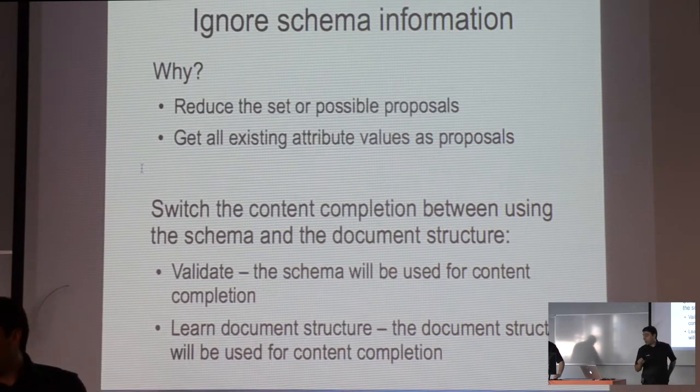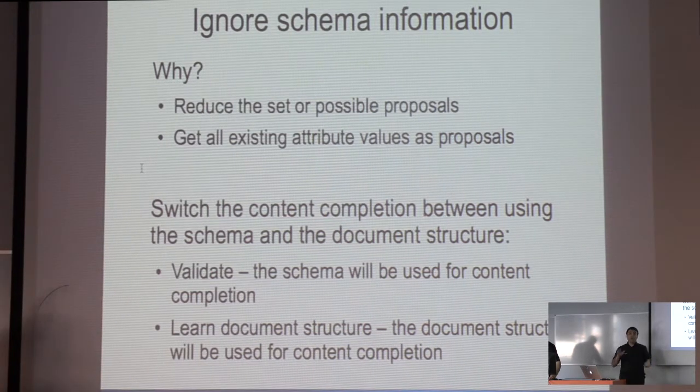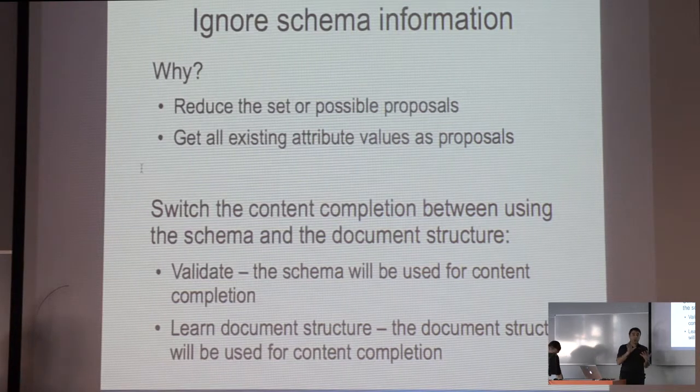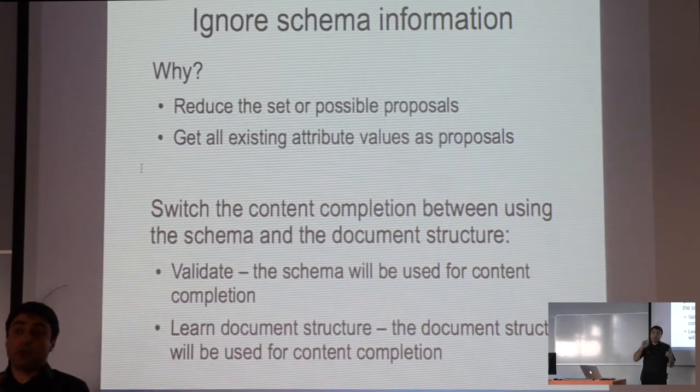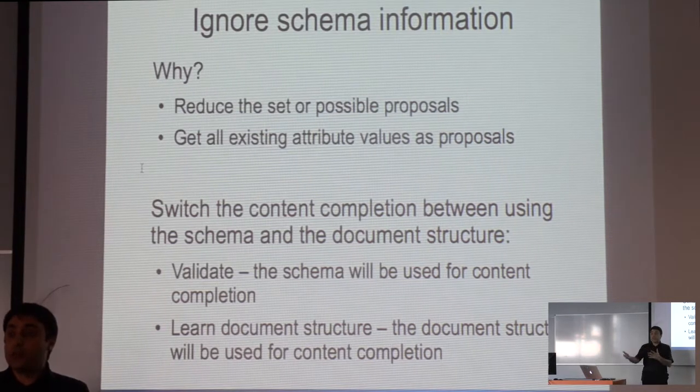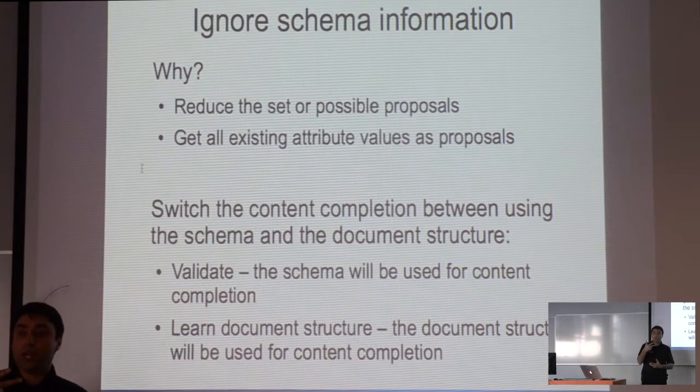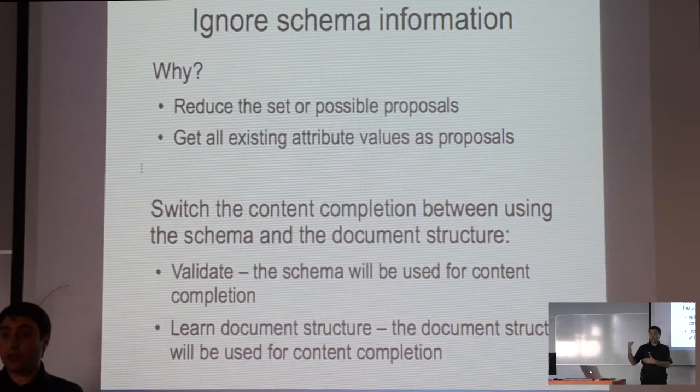So in this way, you reduce the set of possible choices. If you have like 100 elements possible at some moment, but your document only uses 3 of them, if you learn the document structure and use that to guide you, then you will have 3 choices, not 100 choices to choose from.